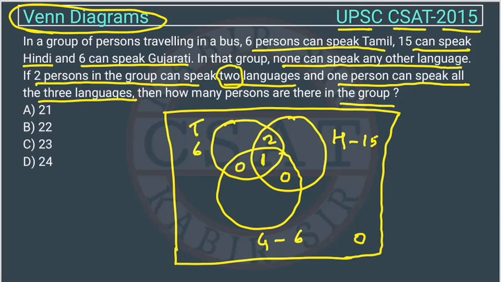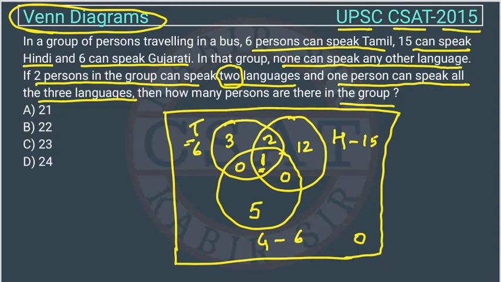So now total Tamil who can speak are 6, right? So this is 2 plus 1, 3 is inside, so the outer who can speak only Tamil will be 3. Similarly here this is 3, total who can speak Hindi are 15, so this will be 12. Similarly here the 6 people can speak Gujarati, so 1 we already considered here, right? So the person who speak only Gujarati will be 5, 6 minus total of this, so this will be 5.